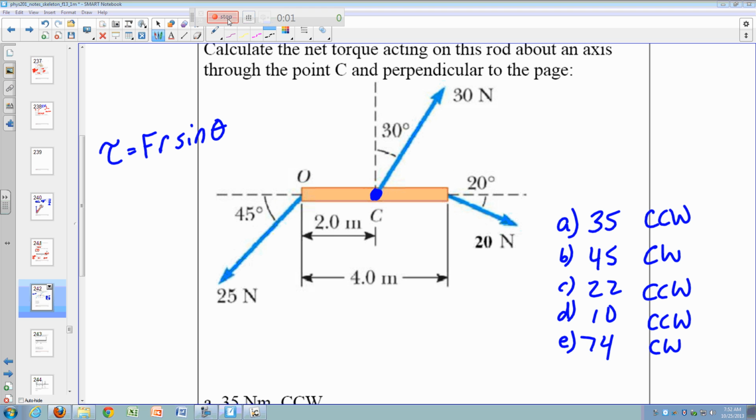So those are your options. They're all in Newton meters. What is the net torque? So this is similar to what we would have done before when we found the net force, but now we're dealing with torques instead of forces.